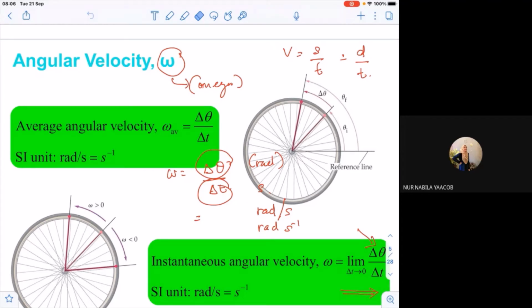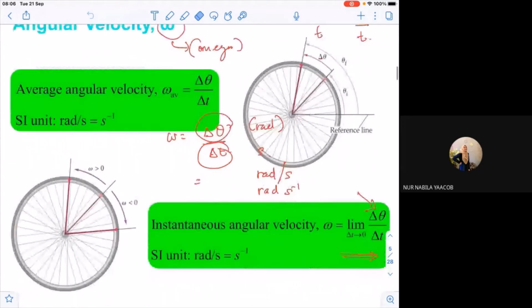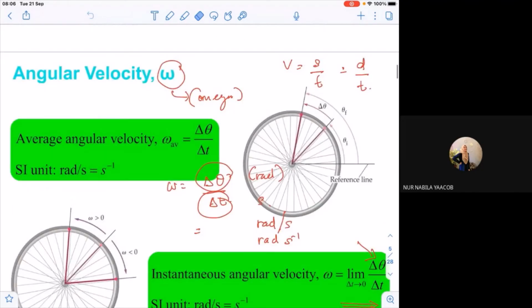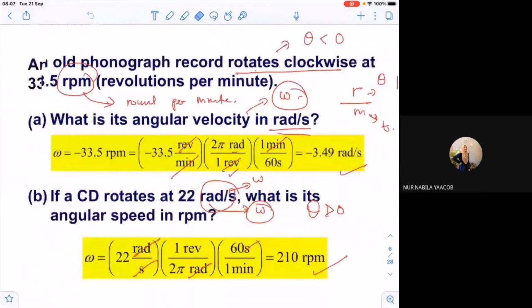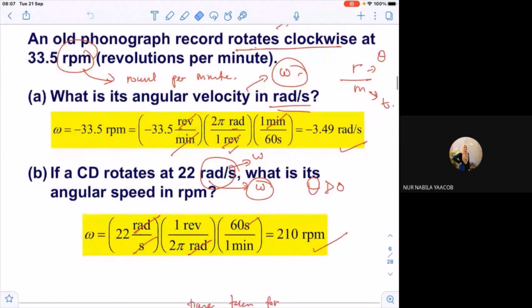Time is independent here because time cannot be converted to other forms. In terms of position, velocity, and also acceleration, everything is based on angle. The unit for angular position is radian, while the unit for angular velocity is radian per second.